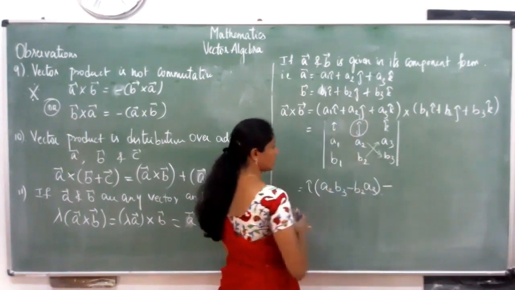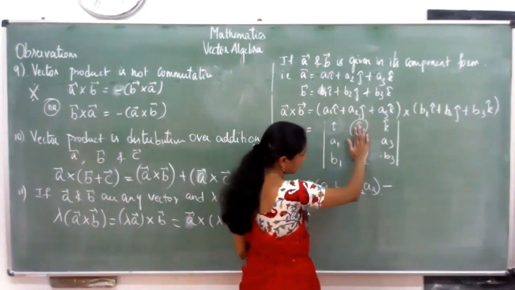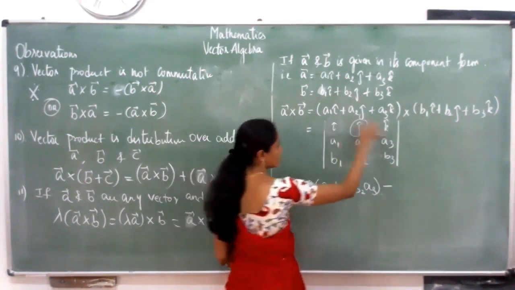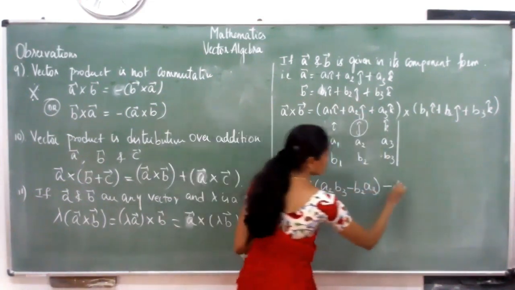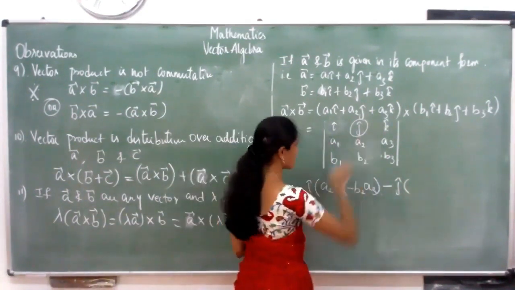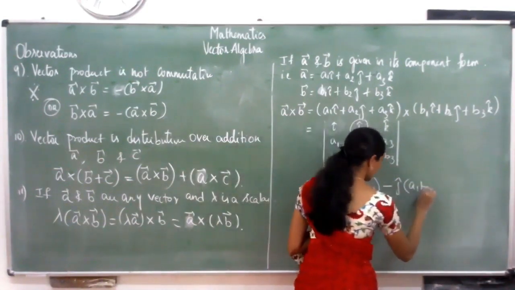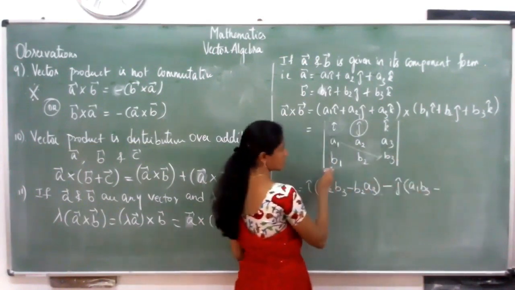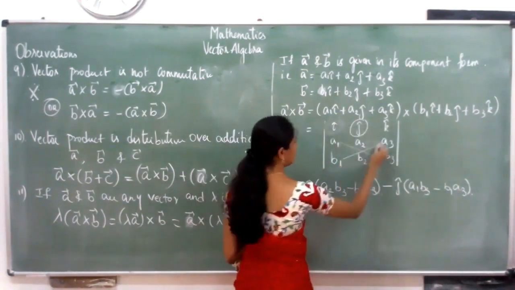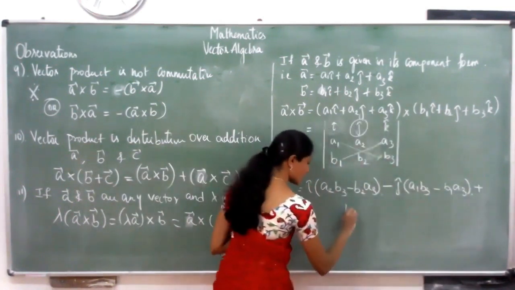Next I am considering j. When I consider j, you should leave this column and this row. So when you leave the corresponding row and column, j cap into A1 B3 minus B1 A3, plus k cap.